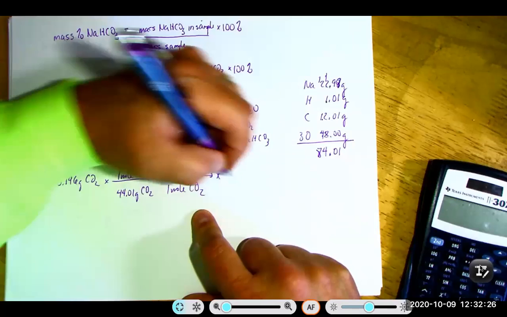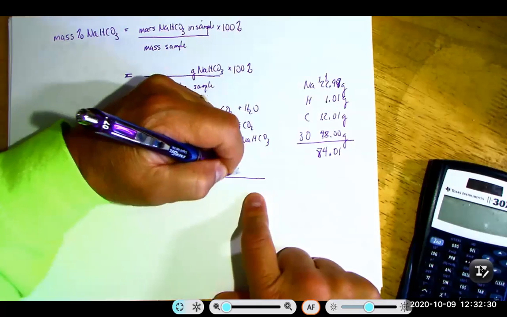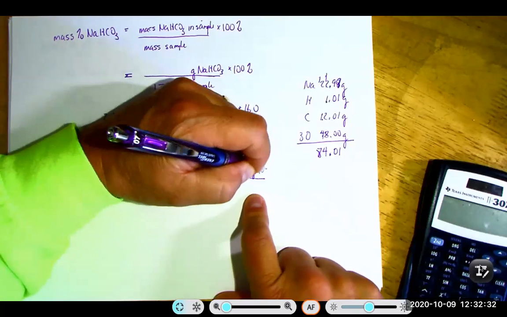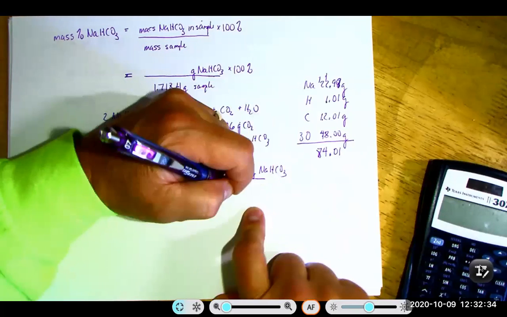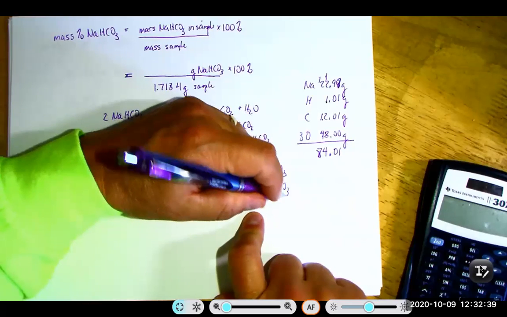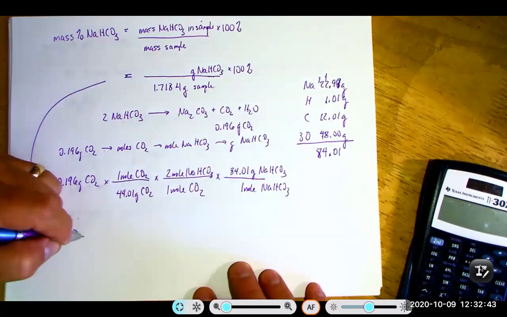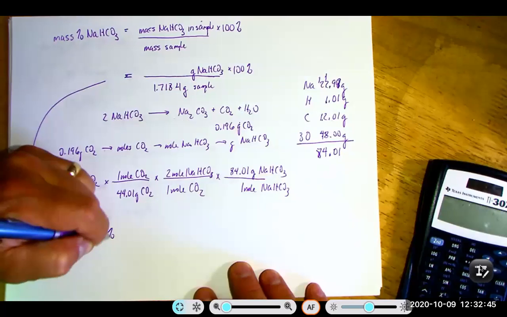And then finally, we're going to multiply by 84.01 grams of sodium bicarbonate to 1 mole of sodium bicarbonate. And here, since I have this written up here, I'm going to bring it on down. We can now calculate the mass percent with this number here. So let's see what we get.